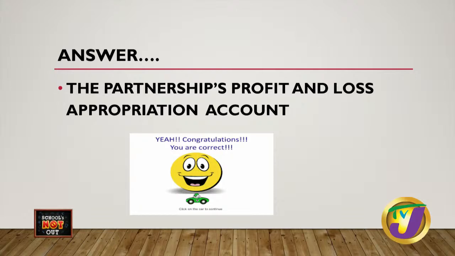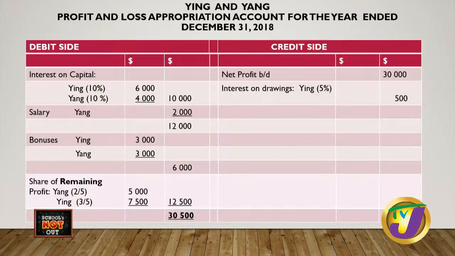Now, what are these? Look back with me at Yin and Yang, our last partnership profit and loss appropriation account. I want you to take a screenshot of this, because I know some of you did not take out your paper, pens and calculators when I told you to in the last class, so you didn't do any workout with me.